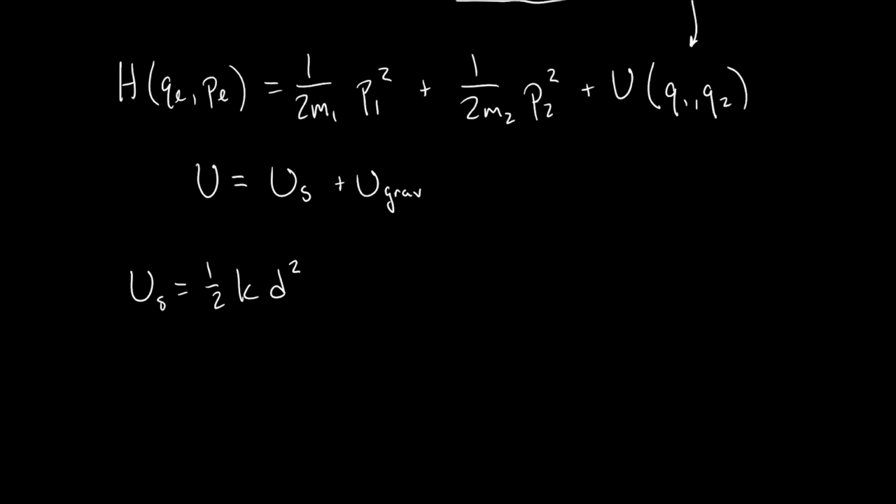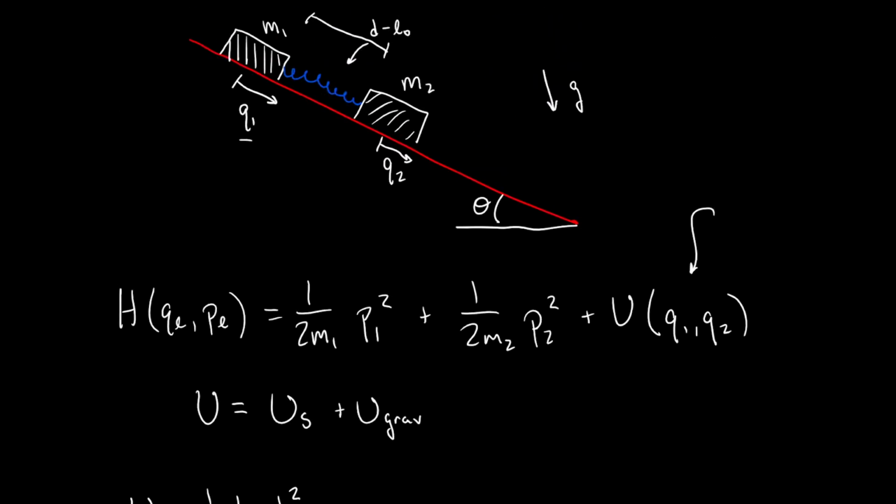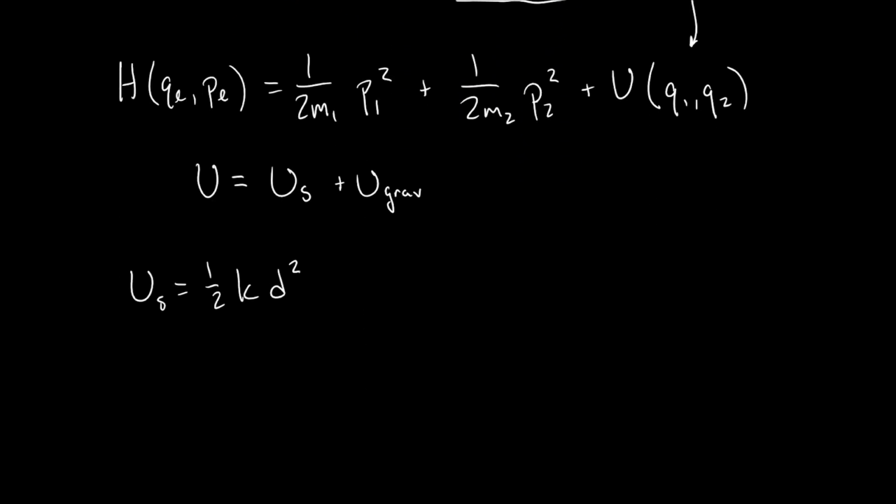So I know that this distance is going to be at least related to Q1 and Q2, the difference between Q1 and Q2, right? Because if I fix Q1 and I pull Q2, d gets larger. If I do a similar thing with Q1, d might get smaller, and so on and so forth.